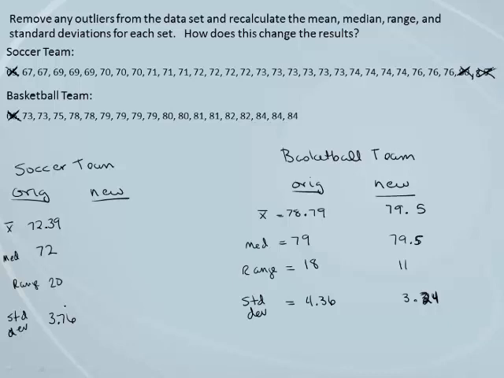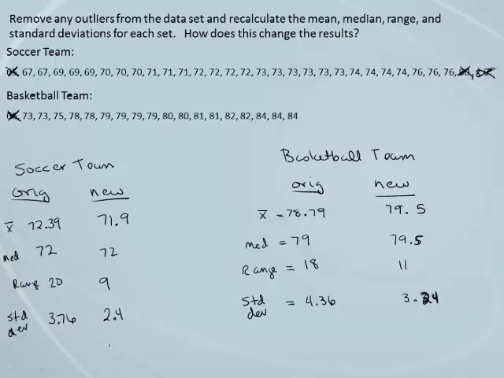If we take the outliers out, our new average height is 71.9 inches. Our new median is still 72 inches. Our range is now 9 inches, and our standard deviation is now 2.4 inches.